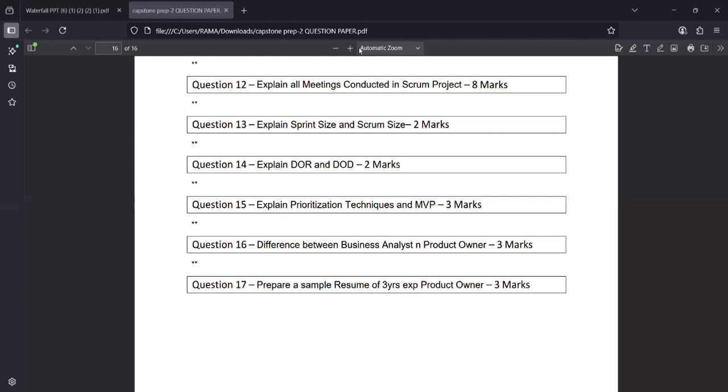It helps validate ideas quickly and avoid wasting effort on unnecessary features. That is known as MVP.